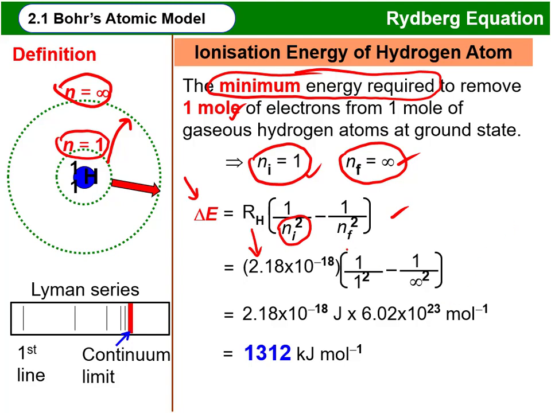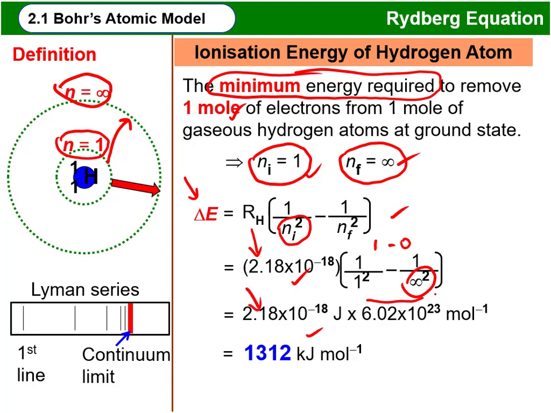Minus 1 over nf square, which means the energy level at final is infinity. So infinity square. You insert, then you calculate what your delta E is. Because 1 minus 0 means 1 times 2.18 times 10 negative 18, you will get the RH value back, right?